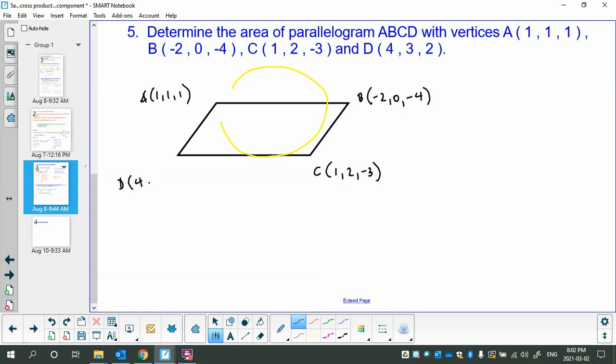Usually I start A in the upper left-hand corner, but it doesn't have to be there. What does matter is that you don't do any zigzags, so you don't put A, B, C, D in a zigzag. Even if A was here, you'd have to go in that circular pattern.